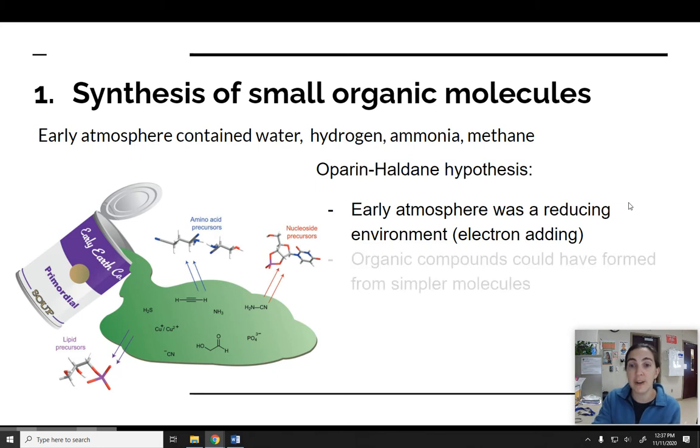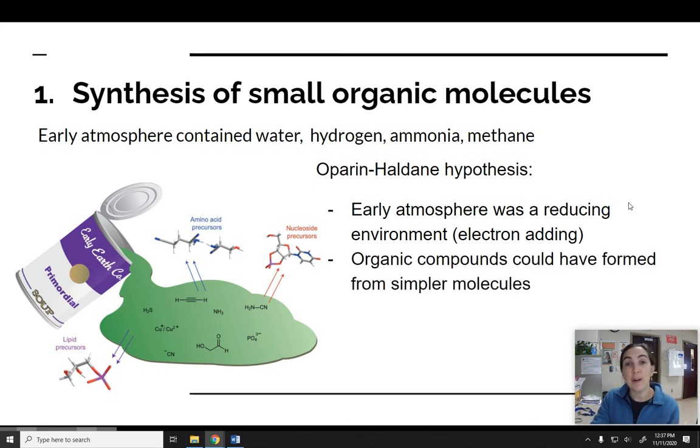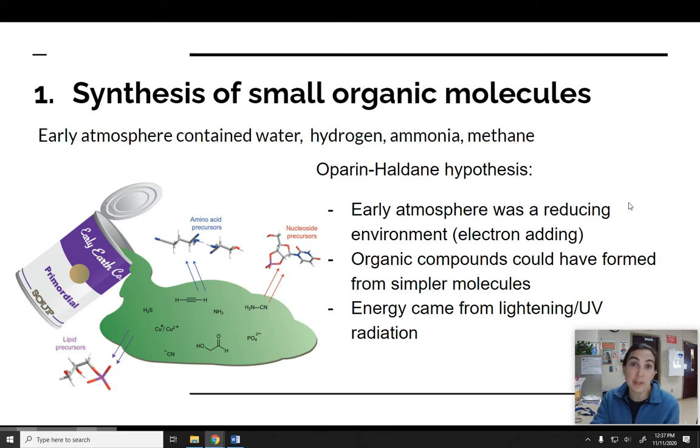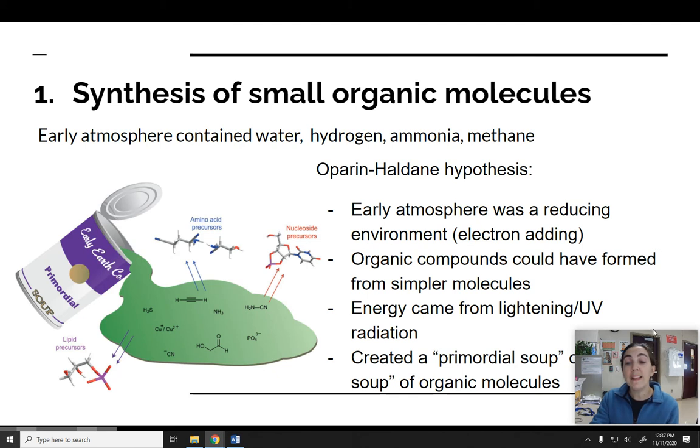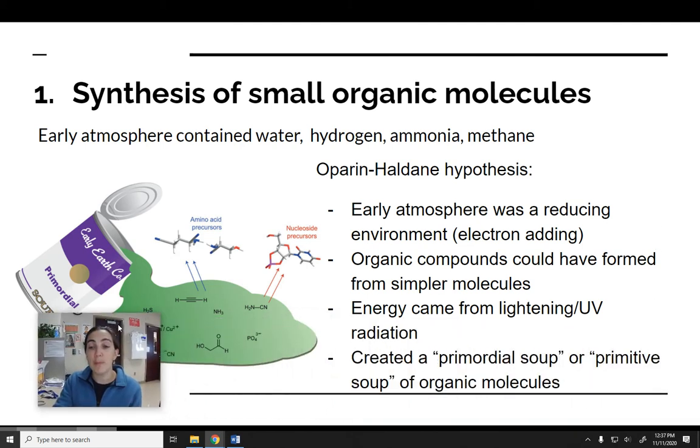In that type of environment, organic compounds could have formed from simpler molecules using energy that came from lightning or from ultraviolet radiation, which there was a lot of in the early days of planet Earth. And that created what they refer to as a primordial soup or primitive soup of little tiny organic molecules.